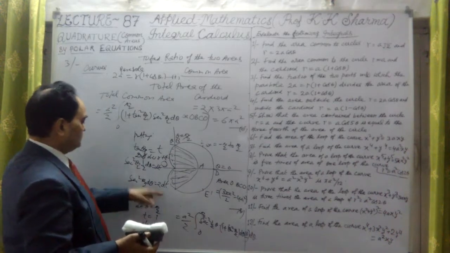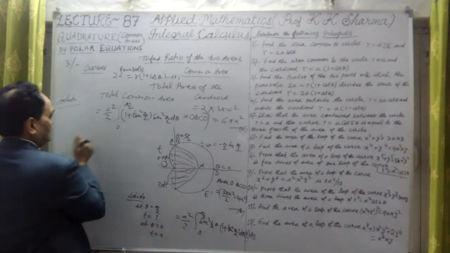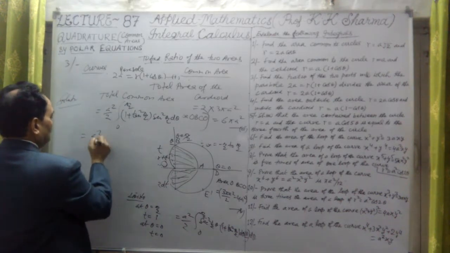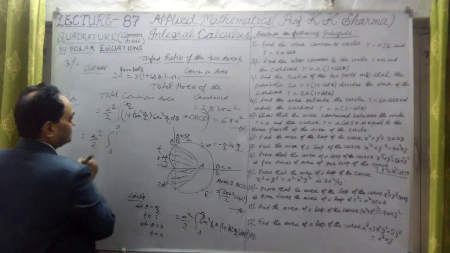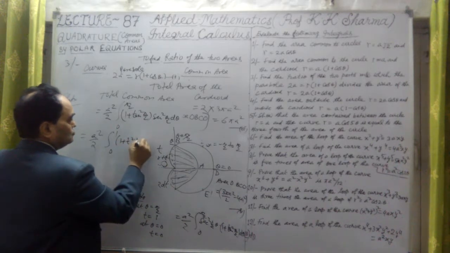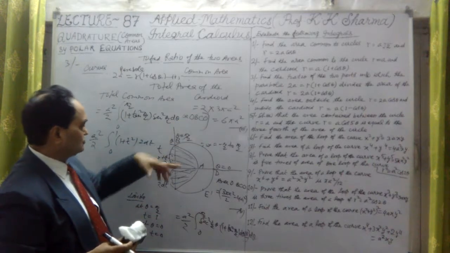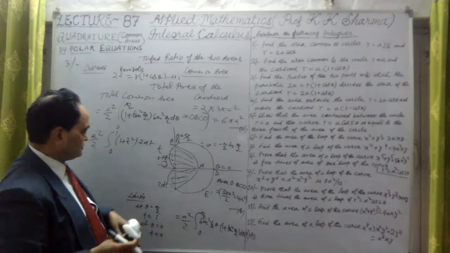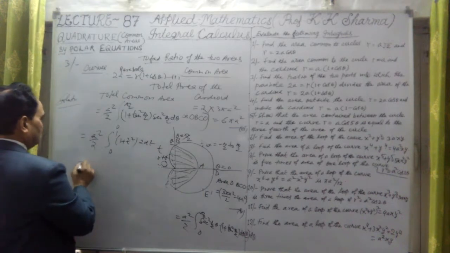This is 2 dt. So here we obtain a squared upon 2, limits 0 to 1, of (1 plus t squared) into 2 dt, because sec squared theta by 2 d theta equals 2 dt. Now let me integrate that.